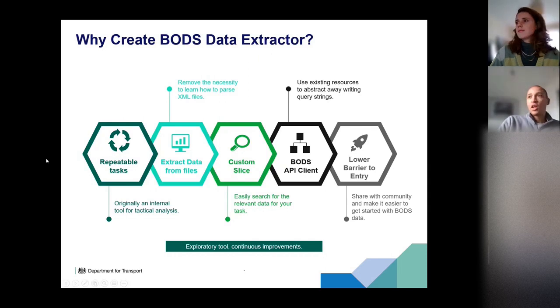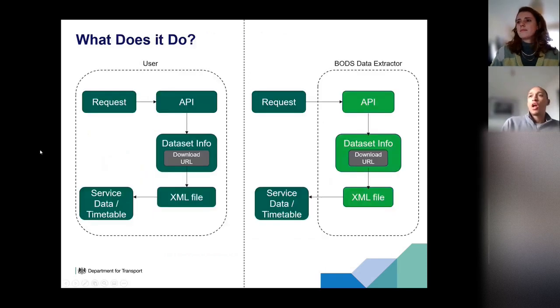So next, I'll talk a bit about, at a high level, what the package actually does. Normally, as a user or a consumer, you'll write a query string and send a request to the BODS API. The API will then return some information about the relevant data sets, and in that information is a link to actually download the data in that data set.